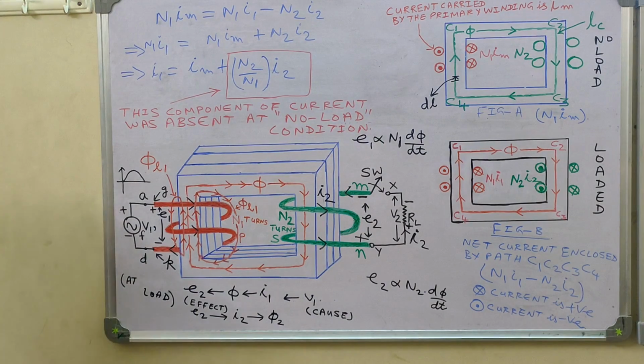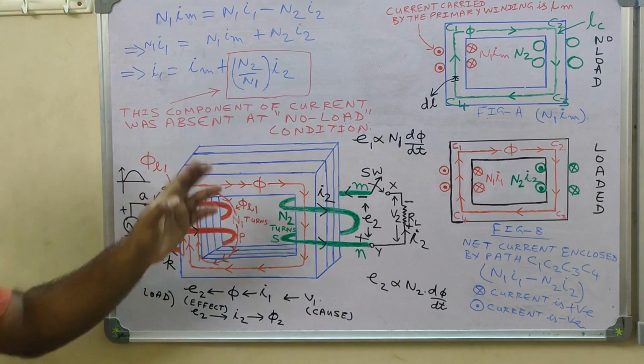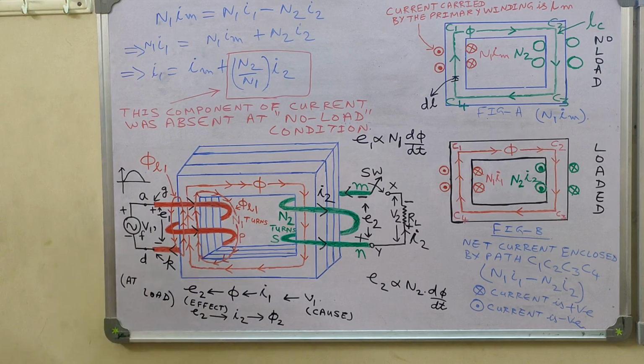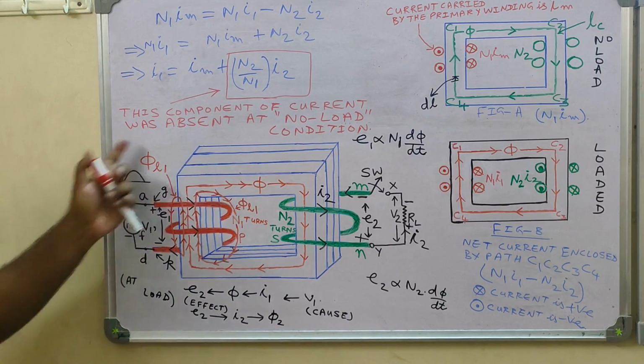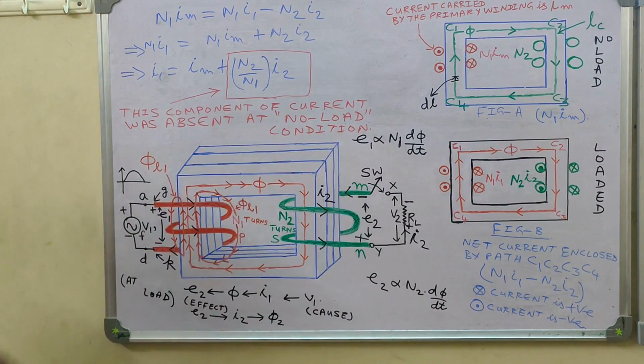So what do you find? That N2 by N1 into I2 is that component of current; this component was absent at no load condition. So this component of current flows only when the transformer is loaded.